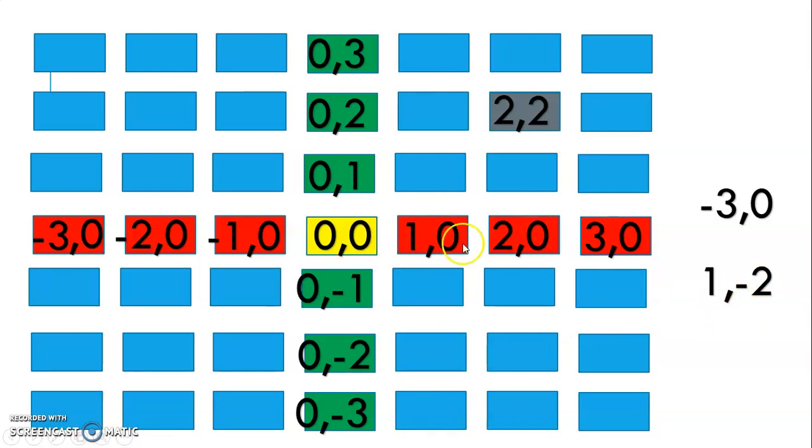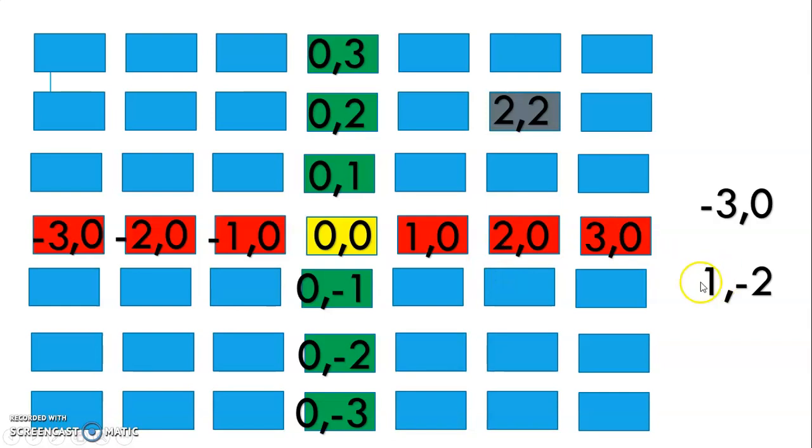That means the distance from the red line is -2, and the negative number here denotes 2 blocks below the red line. If this was 1 comma 2, it would mean 2 blocks above the red line. Since this number is -2, it means 2 blocks below the red line. So this is the house that we are looking for.